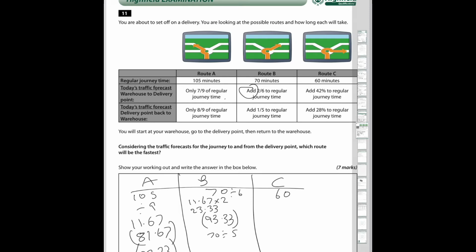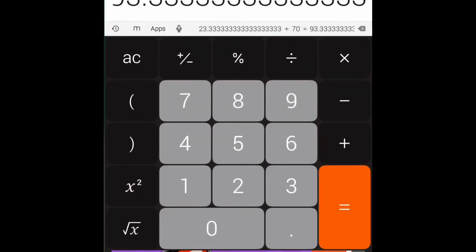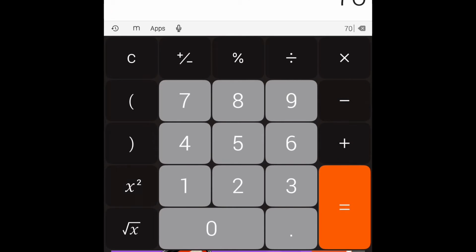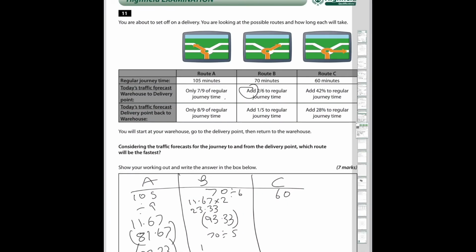On the way back, we're adding 1/5. So this time we've got to work out 70 divided by 5, is 14. And again, we only want 1/5, so that's fine. So we're just adding 14 onto the 70. So the next part of the journey is 84 minutes.